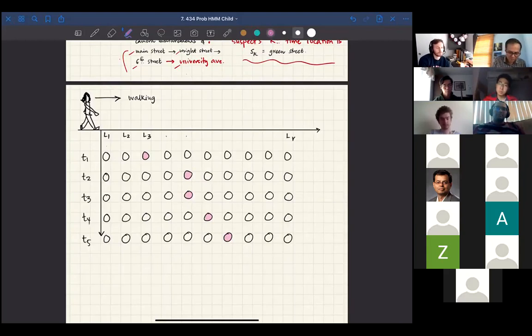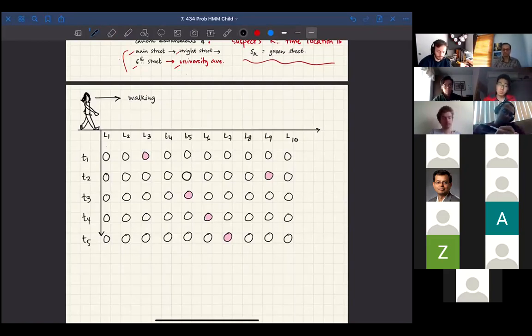Okay, let's actually make it a little bit easier, so maybe I'll be able to make my point. Time T2, the user was at LR minus 1. Actually, let's make it even easier. Let's call it L10: L4, L5, L6, L7, L8, L9, L10.